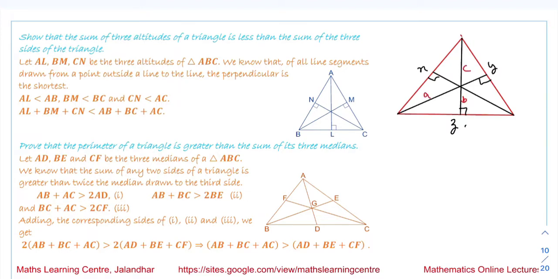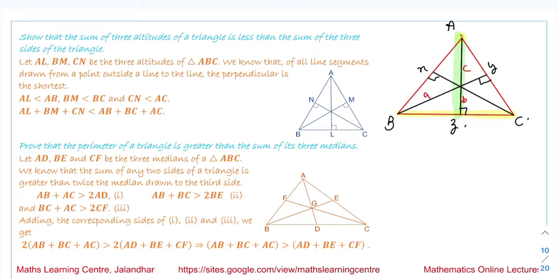Now we know that if we look at this line and this point, because I am talking about this point A and this line BC, this is the line with the shortest length corresponding to this point A. On this line BC, this is the line with the shortest length.